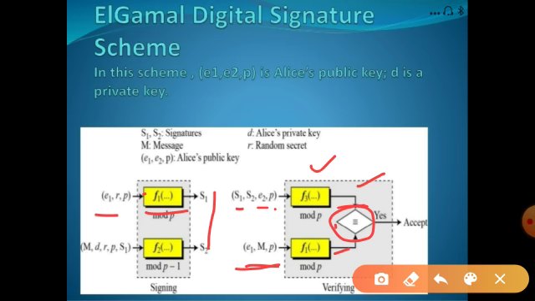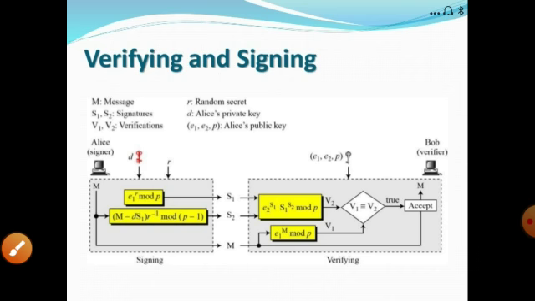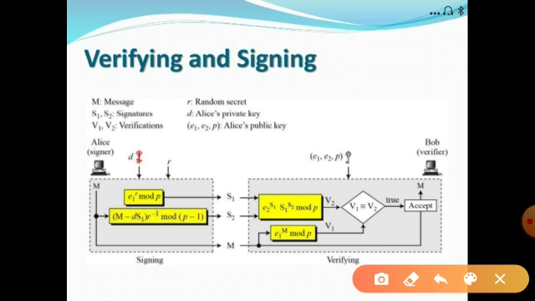This is what happens in the ElGamal digital signature scheme. The functions F1, F2 use this formula: E1 power R mod P, and then the private key is used for the entire thing.